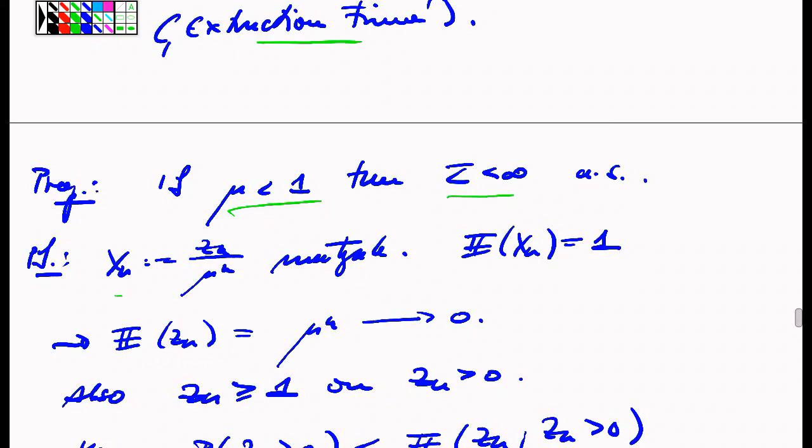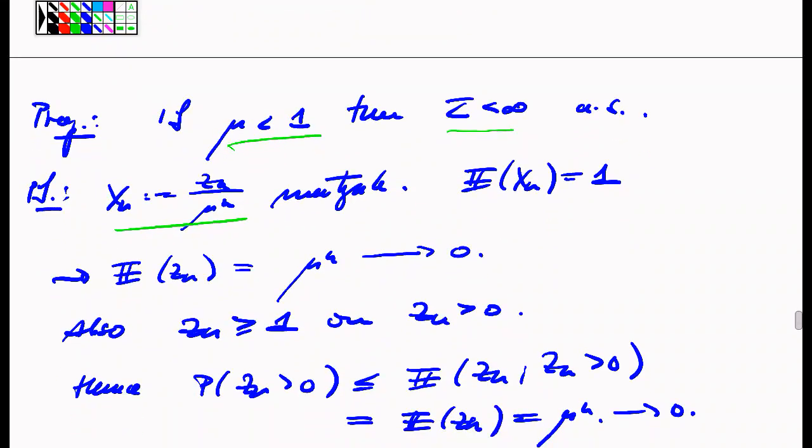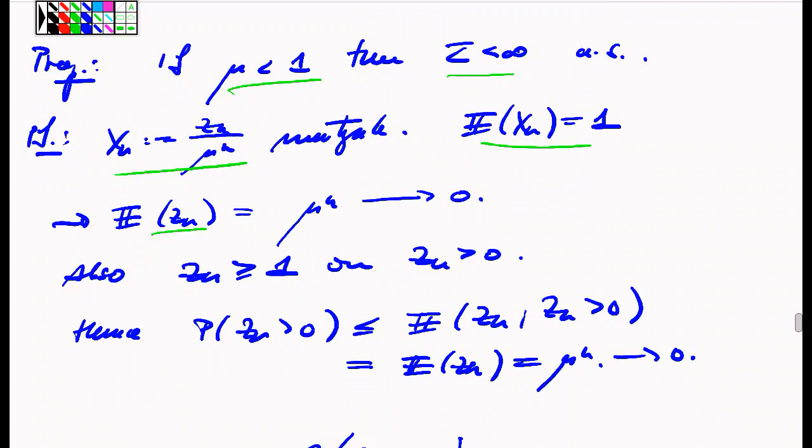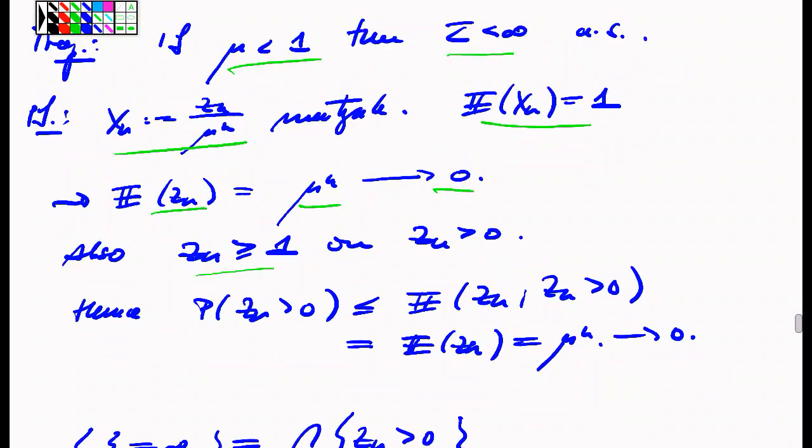Okay, we show this by considering the martingale that we had just seen before. If we take the Zn process divided by mu^n, we have seen that this is a process which has expectation 1. So therefore E of Zn is just mu to the power n, which, since mu is smaller than 1, converges to 0. Also we know that Zn is greater or equal to 1 wherever it is positive, because Zn is integer valued.